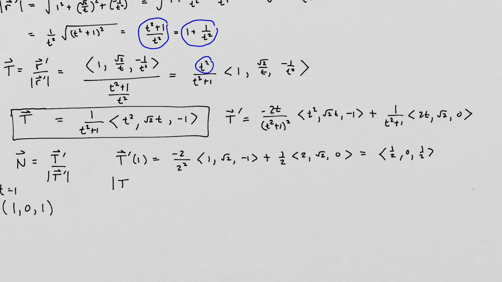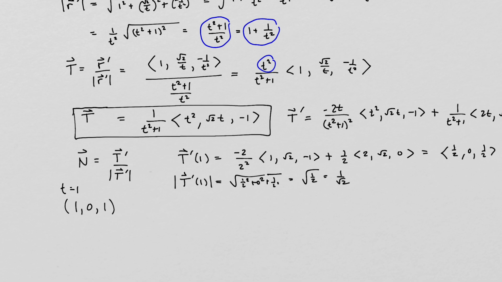And then the magnitude of T prime of 1 is simply going to be the square root of 1 half squared plus 0 squared plus 1 half squared. And this is the square root of 1 half, which is 1 over radical 2.